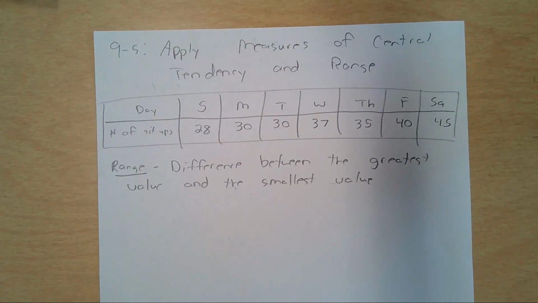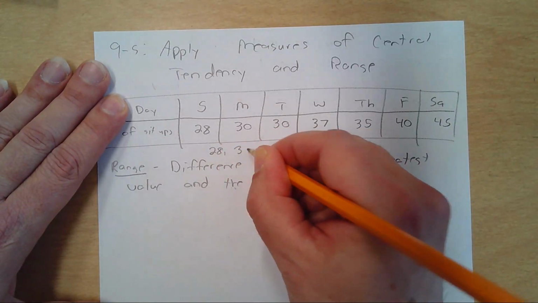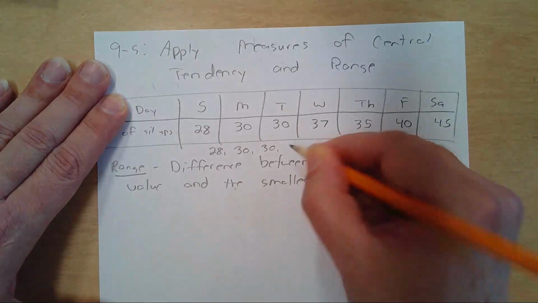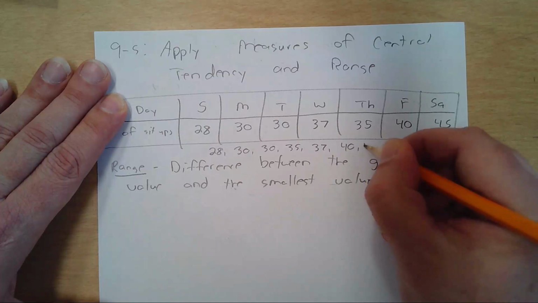So typically when you're doing these here, one of the first things you'll want to do is rewrite all your data in order from least to greatest. So this is pretty close here. I'm going to do it anyway. 30, and we got 35, 37, 40, and 45.